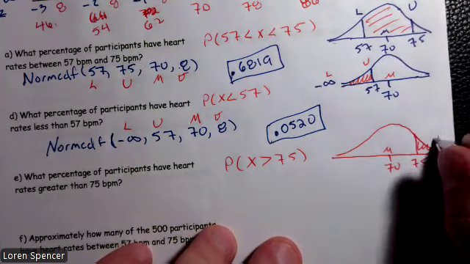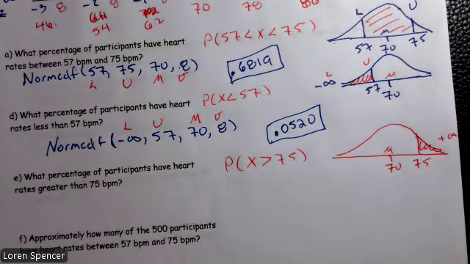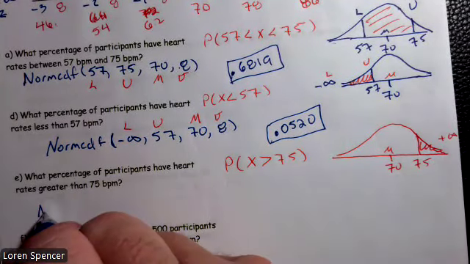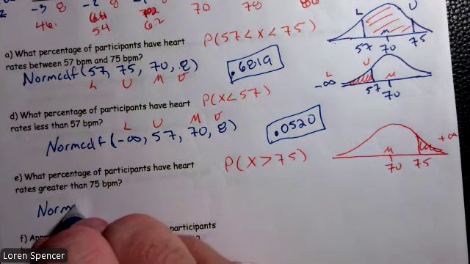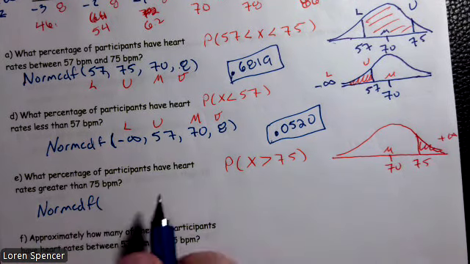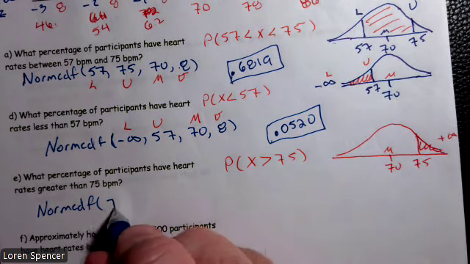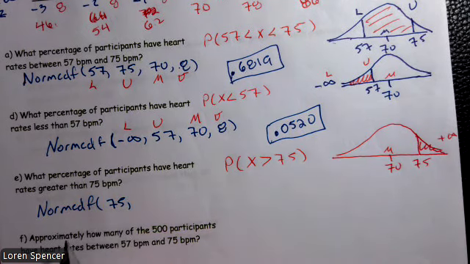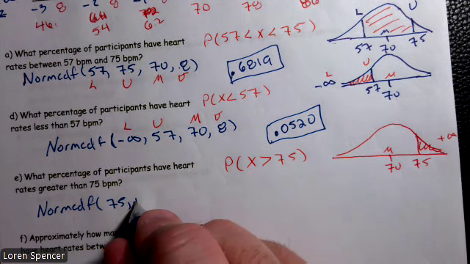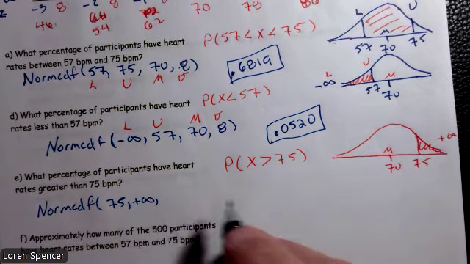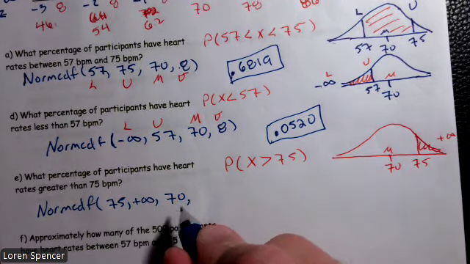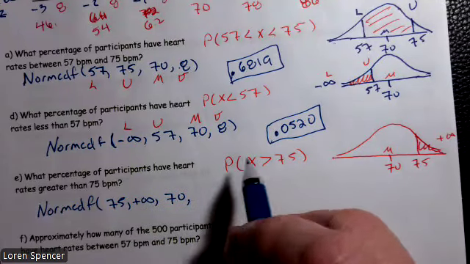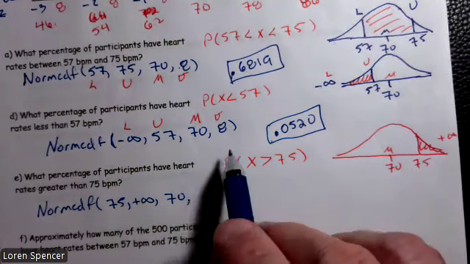And please remember, it goes to positive infinity. So norm CDF, lower bound 75, upper bound positive infinity, mean 70, standard deviation in this case is still the 8 that we had earlier.